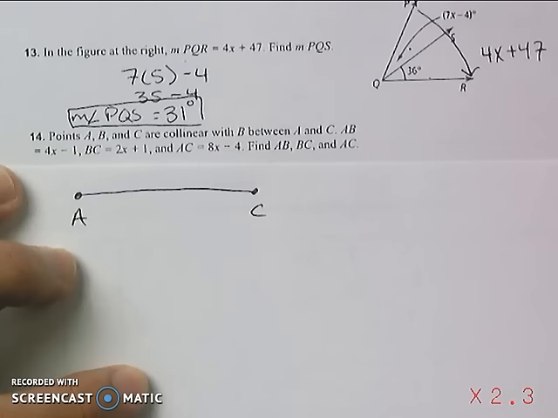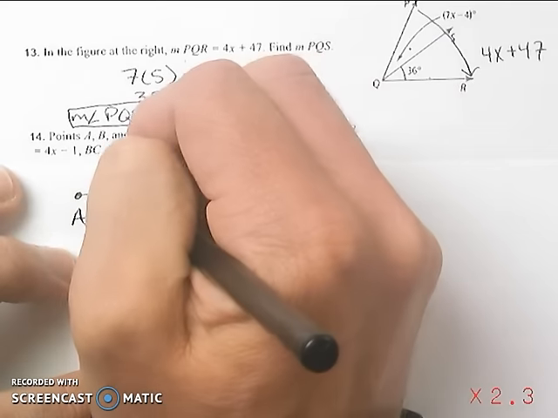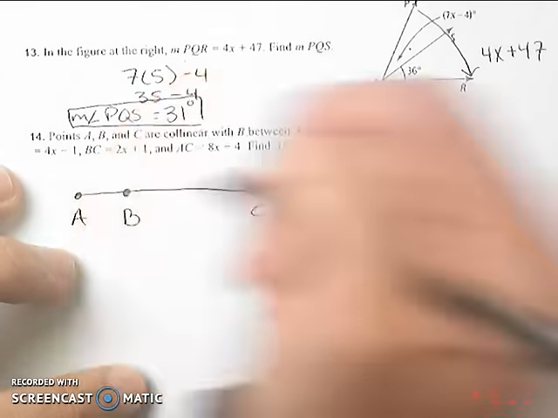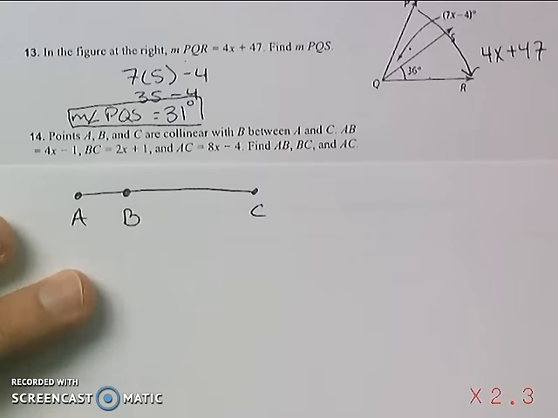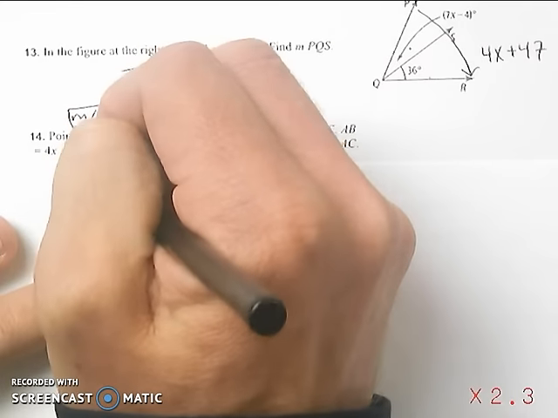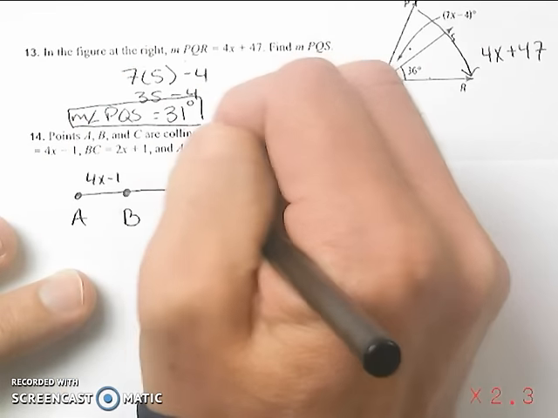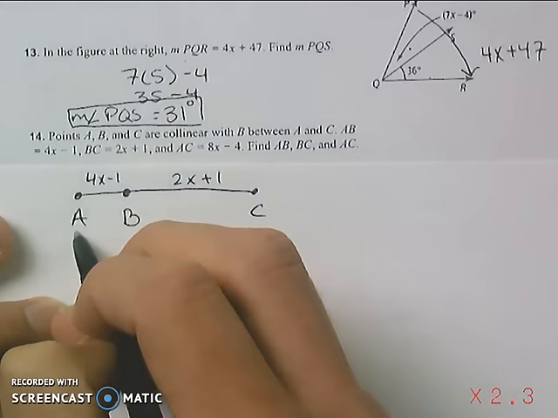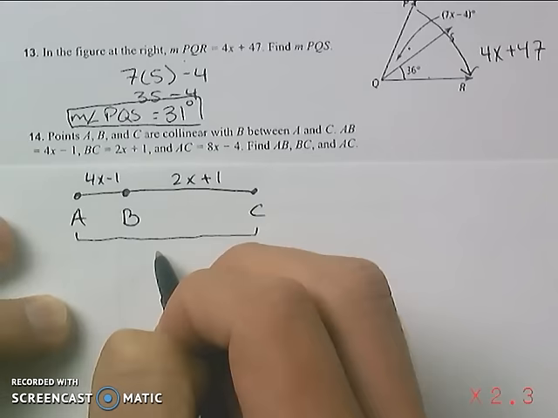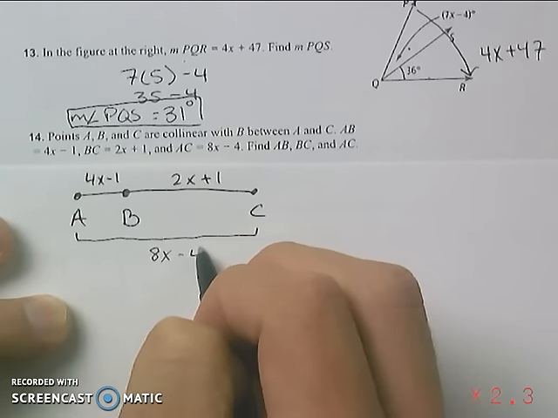Now, it doesn't say it's in the exact middle, so I never put it in the exact middle and make it look like it's in the middle so I don't trick my eyes. So I purposely move it to one side when I say between, because I don't know if it's actually immediately in between. Now I'm going to label my pieces. So I got my AB and my BC, and then AC is the whole segment, so I always like to write it like that.